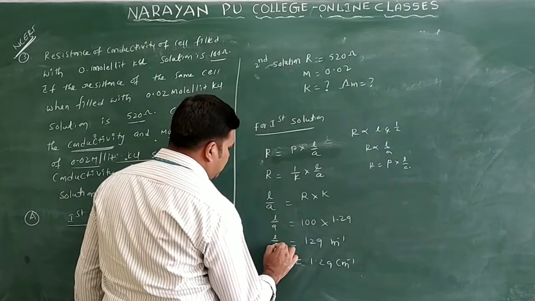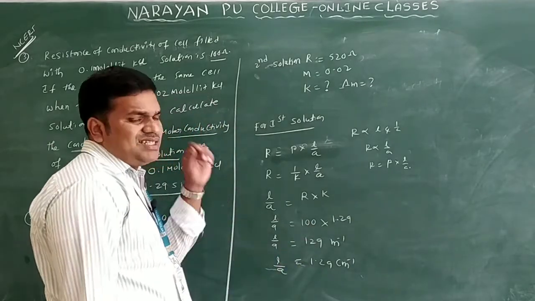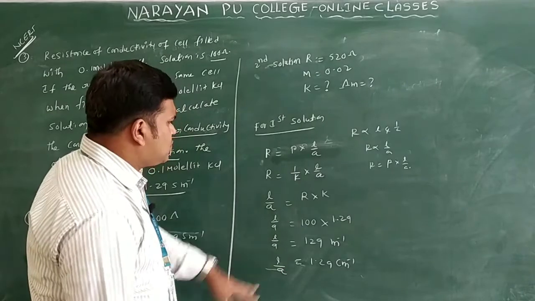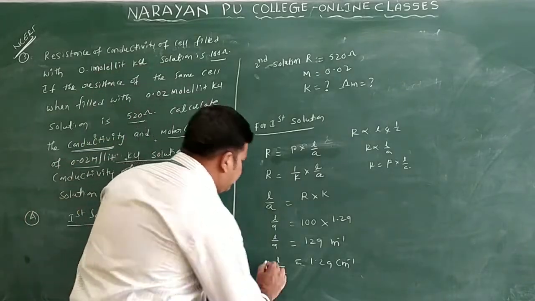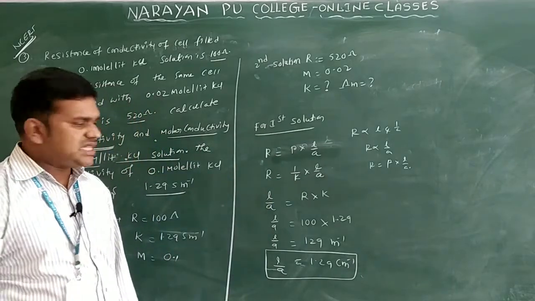This is what I am finding: L by A, which we can also call the cell constant. The L by A I got for this solution is 1.29 centimeter inverse.